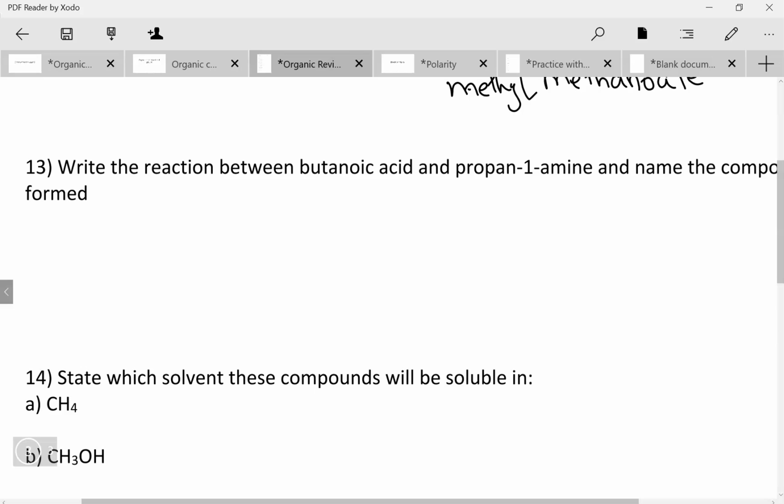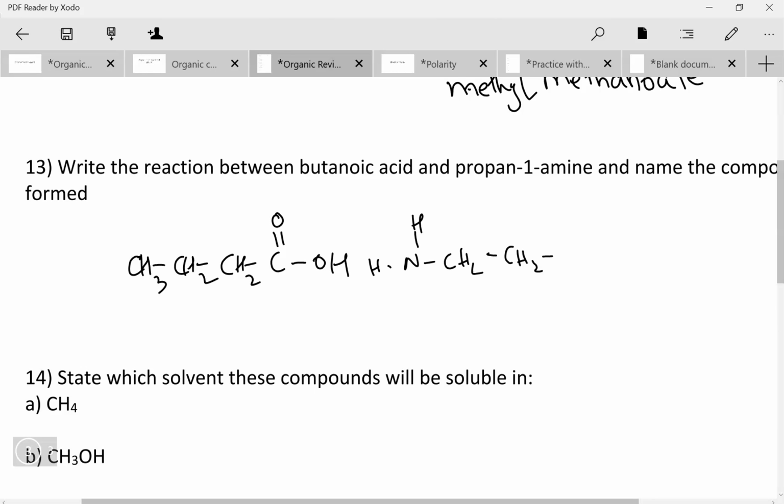Butanoic acid, propan 1-amine. Butanoic acid is CC. This is propan 1-amine. Remove the water.